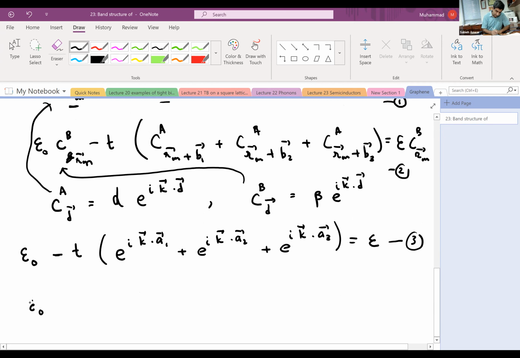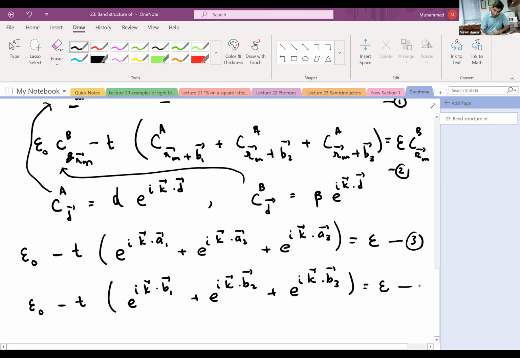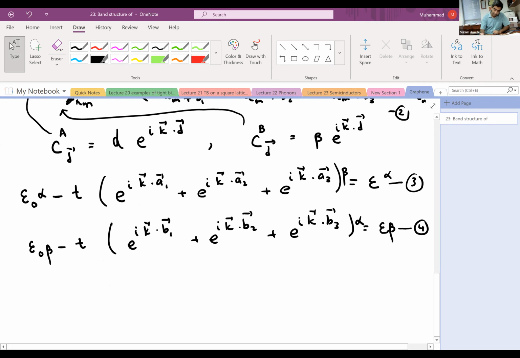E naught minus T, e^(ik·b1) plus e^(ik·b2) plus e^(ik·b3) also equals E. And of course, there are the appropriate factors here: alpha here, beta here, and an alpha here, a beta here, and an alpha here, and a beta here.